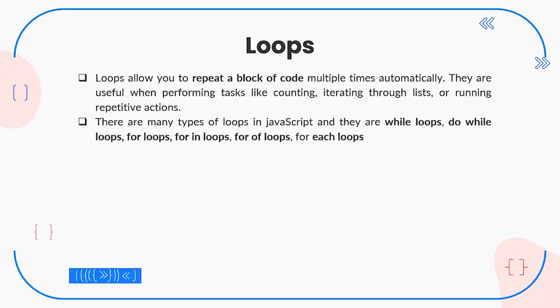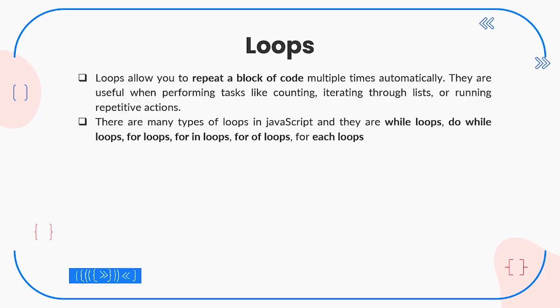But then it would become very tiring. So that's when loops come in. So loops will allow you to repeat a block of code multiple times automatically. You understand? So they are useful when performing tasks like counting, iterating through lists, or running repetitive actions. So anything that deals with repetition, we use loops.